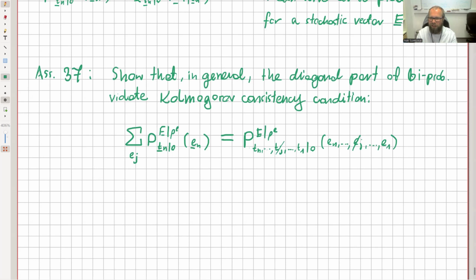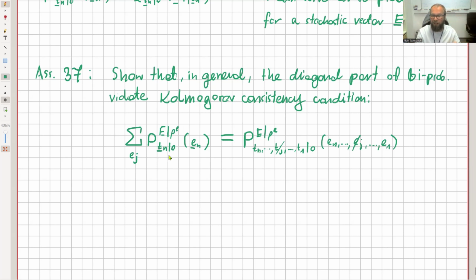If this equality holds, we say the family satisfies the Kolmogorov consistency condition, which, as I explained many weeks ago, immediately implies that those probability distributions are simply discrete-time restrictions of a master trajectory distribution.